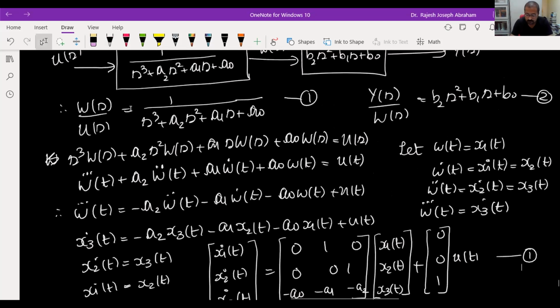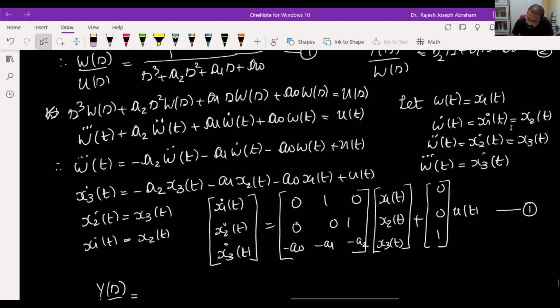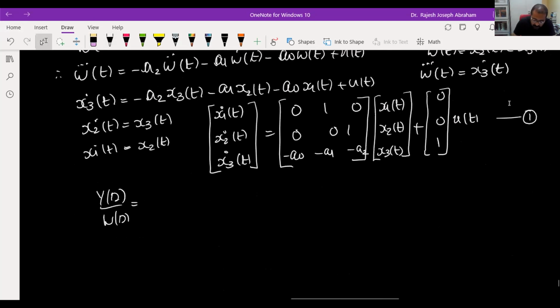Now you consider equation 2, right? From equation 2, what will you get? Y of s by W of s equals b2 s squared plus b1 s plus b0. Again you cross multiply. What will you get?